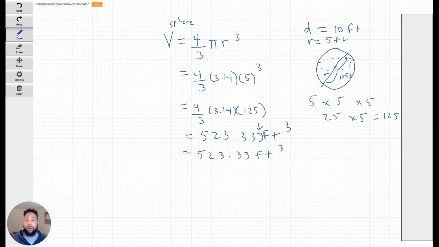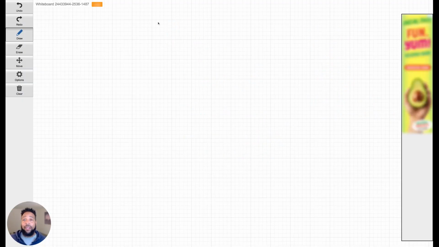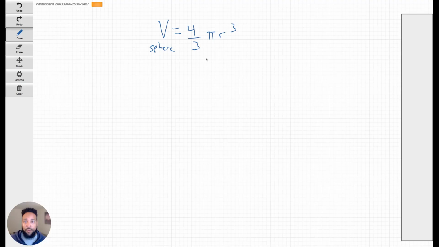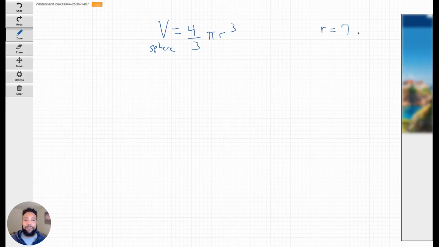We'll try one more. So again, our volume is 4/3 pi r cubed for the volume of a sphere. Continue to write these down every single time, and this is how you're going to remember for the test. So let's just say they give you a radius of 7 meters.